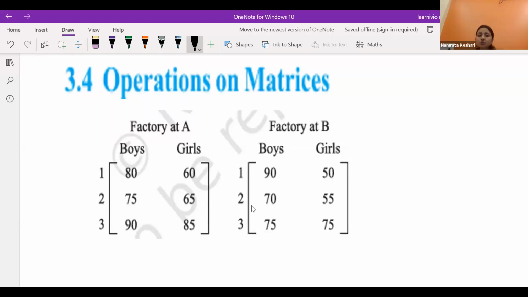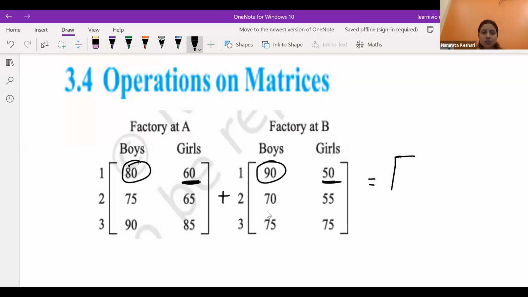If we have two matrices like this and we have to add them, it is really simple. First thing first, both must have the same order. Then a11 will be added with a11, a12 with a12. Basically, element by element we just need to add them.